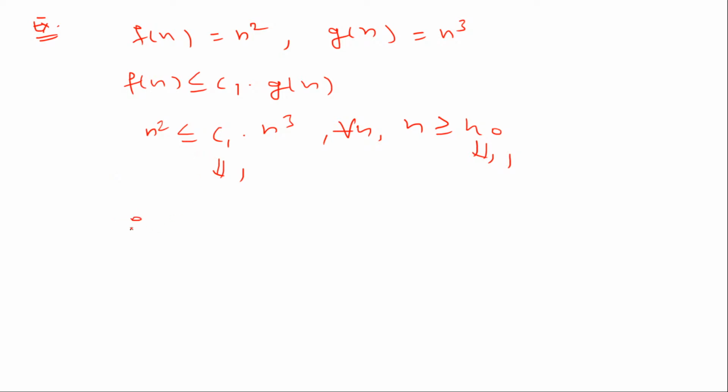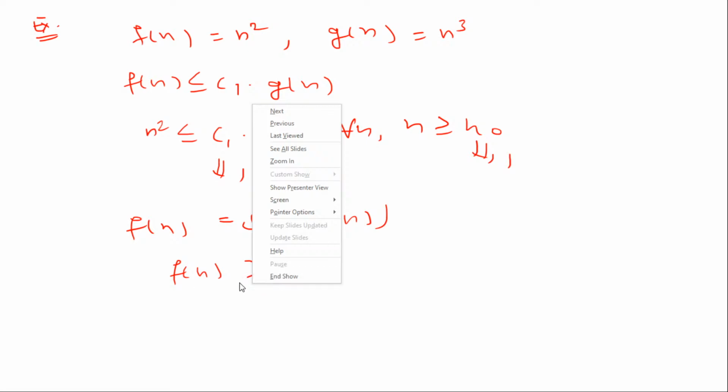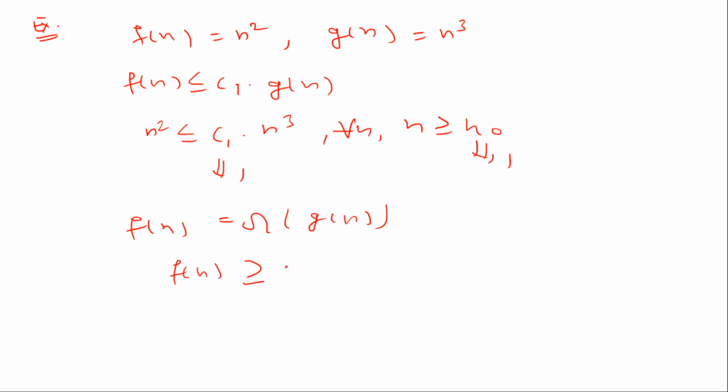And to check the omega condition, we check fn greater than or equal to c2 dot gn. Fn is n square, c2 dot gn is n cube.